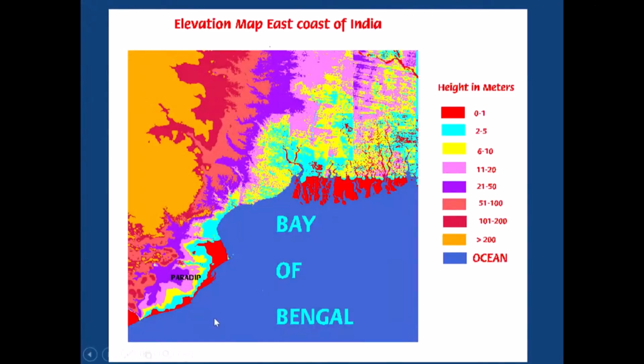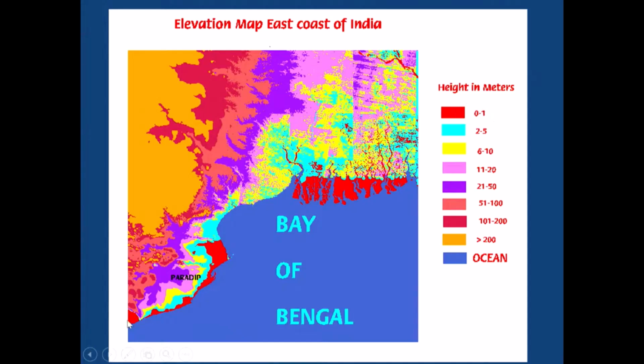This image shows the east coast of India in Odisha, and this is the Bangladesh region, and you have Sagar Islands here, and the red patches show the low-lying area where the height is 0 to 1 meter.